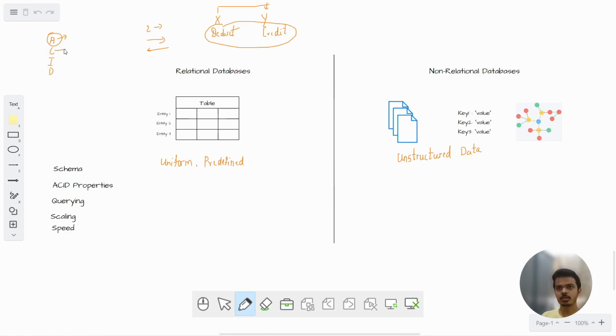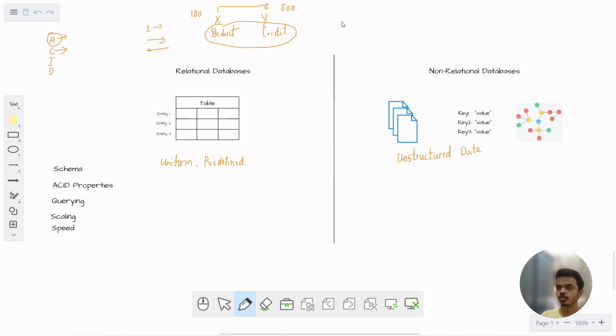Then there comes consistency. What is the meaning of consistency? Say before the transaction, debit and credit, the amount present in account X was 100 rupees and the amount present in account Y was 500 rupees.